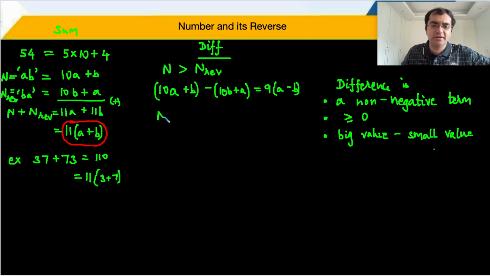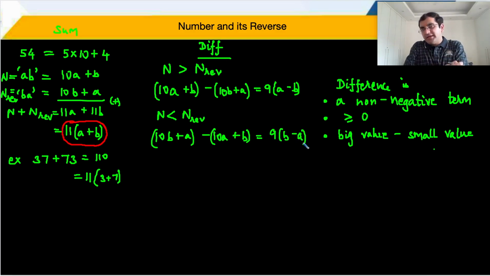And similarly, if your number is smaller than the reverse number, then it will be 10b plus a minus 10a plus b. And then you will get 9 times b minus a.